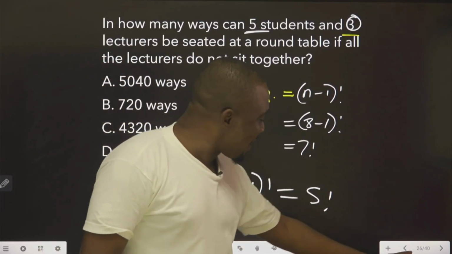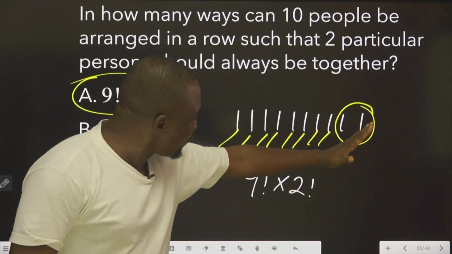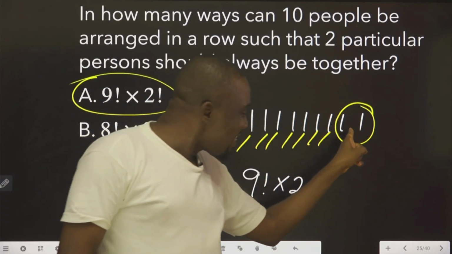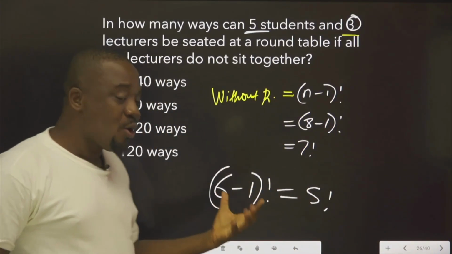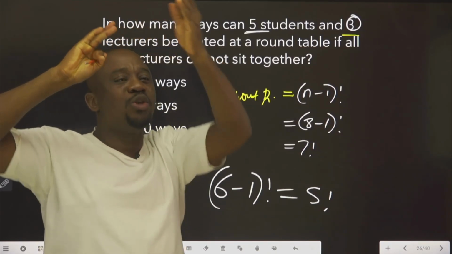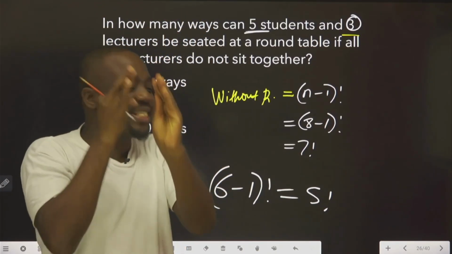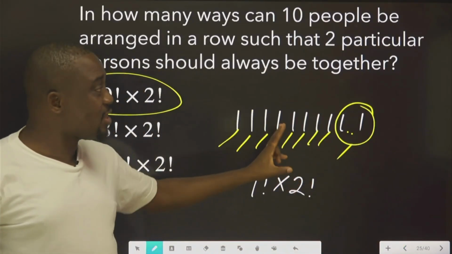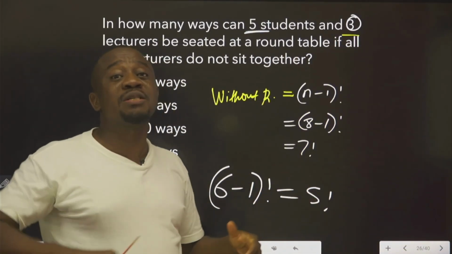But these lecturers that are sitting together, we have not yet arranged them among themselves. We joined them to be one entity and then factorized the 6. Remember that the reason we remove one extra is because it is round the table.